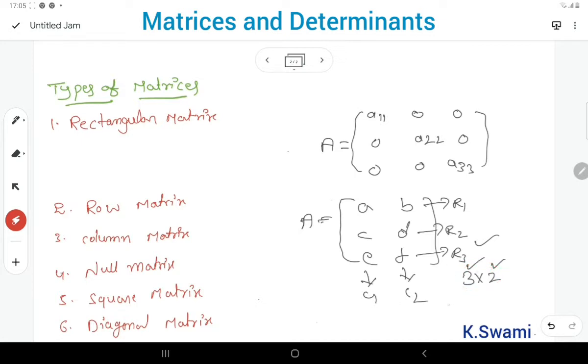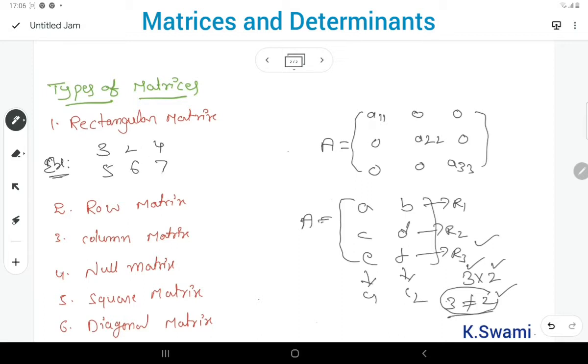The number of rows, 3, is not equal to the number of columns. This type of matrix, where the number of rows and number of columns are not equal, is called the rectangular matrix. Another example is, suppose 3 2 4 5 6 7.